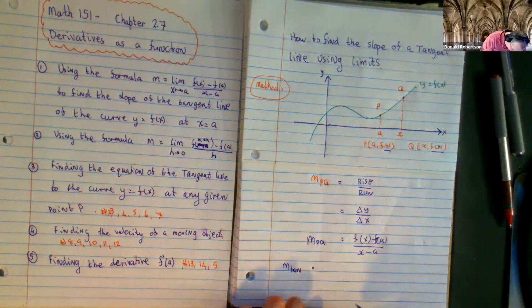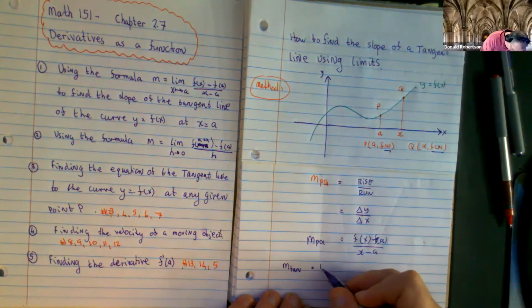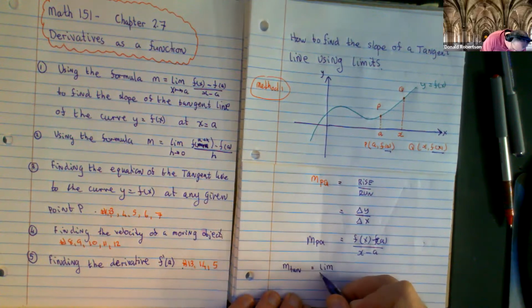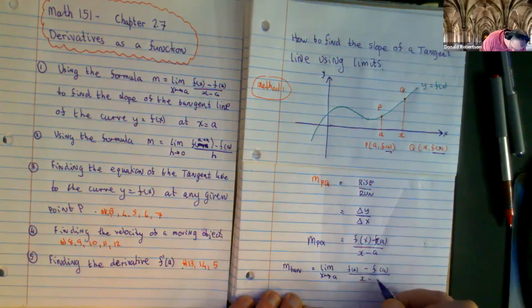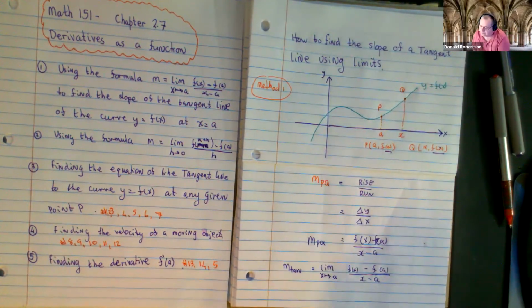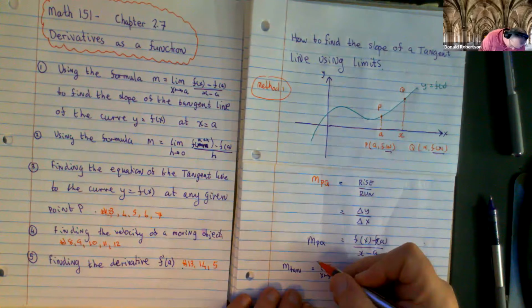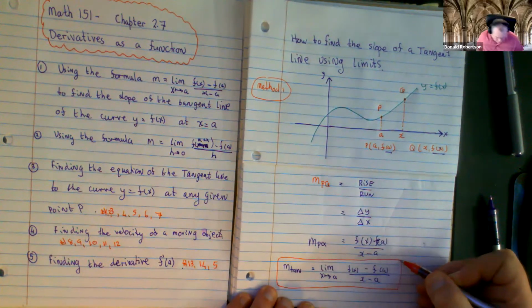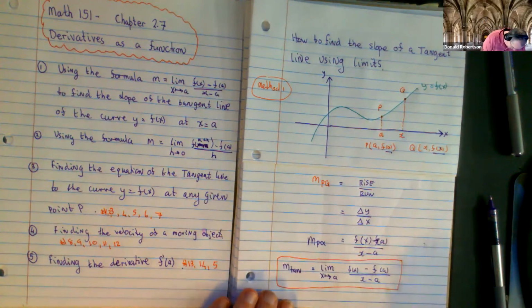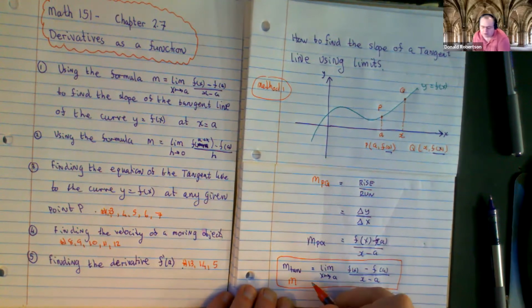So we will say that the slope of the tangent line is going to be the limit as x tends to A of this guy. Okay, so we now have a way of finding the slope of the tangent line, which I'm calling m tan.